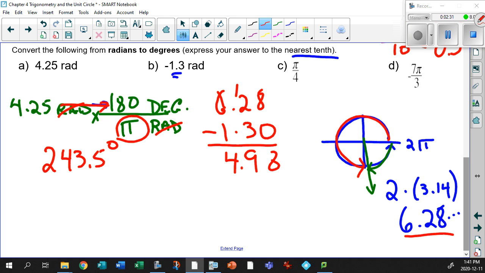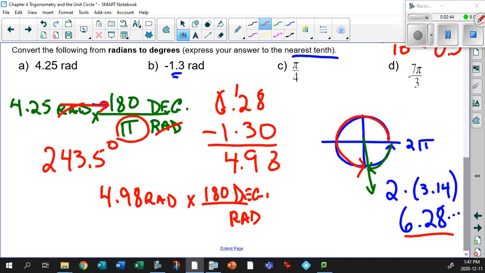Not really. Think about it now. You got 4.98 radians. You want to get rid of the radians. Radians goes on the bottom. Degrees goes on the top. Okay? All right. How many degrees? 180 degrees. How many radians? Pi. There it is.